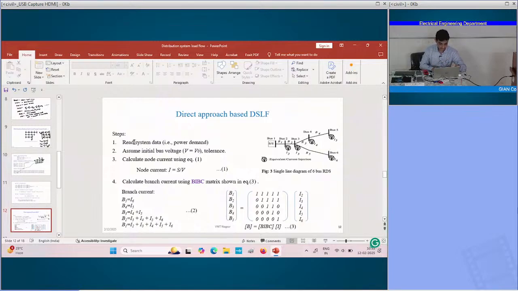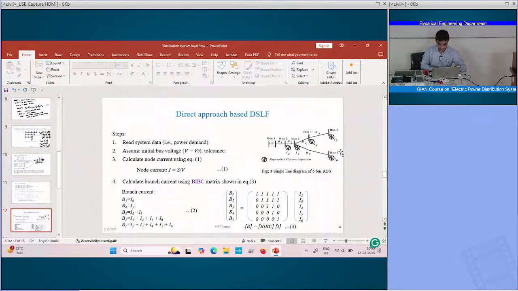Like we said earlier, our demand is known to us, so we define the demand. If we go for coding this problem, initially we have to define this, then initialize our tolerance, and then we have to calculate the node current.